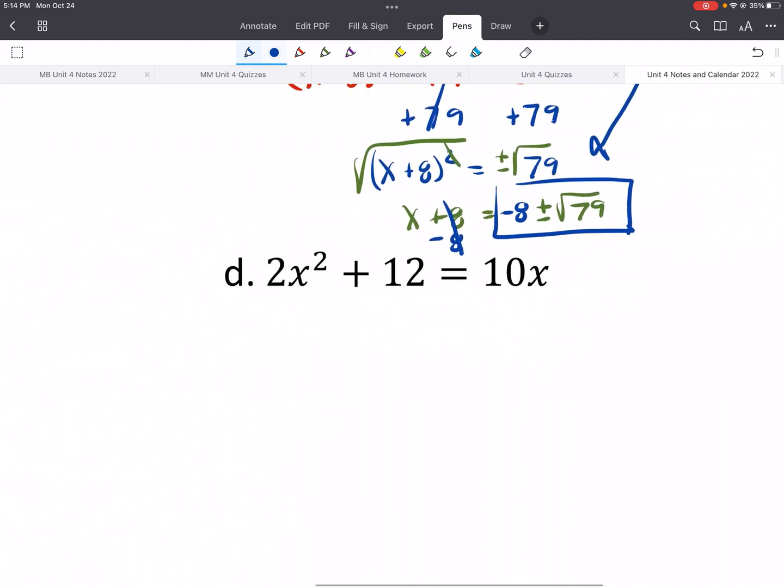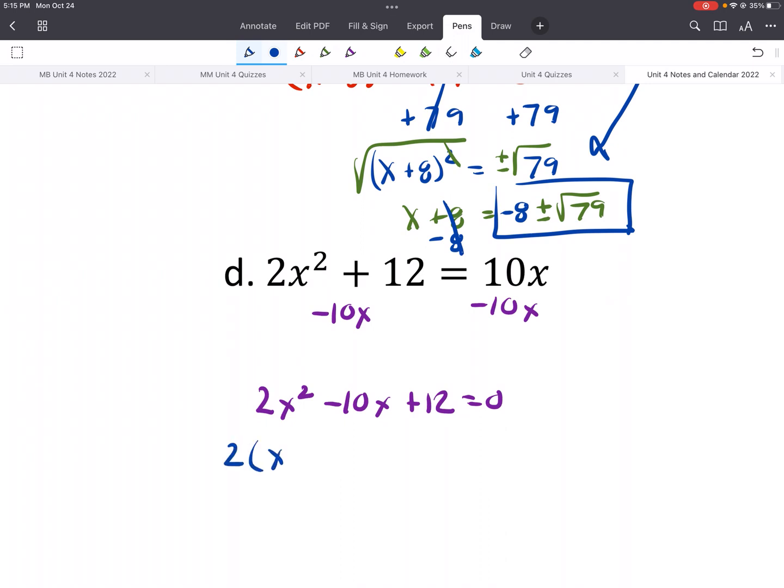Alright, last but not least, again, everything needs to be on one side. So we'd subtract 10x. 2x squared minus 10x plus 12 equals 0. We could try factoring, but we'd maybe want to take out a 2 first. Okay, so we need to find two things that multiply to 6 and add or subtract to give you -5.